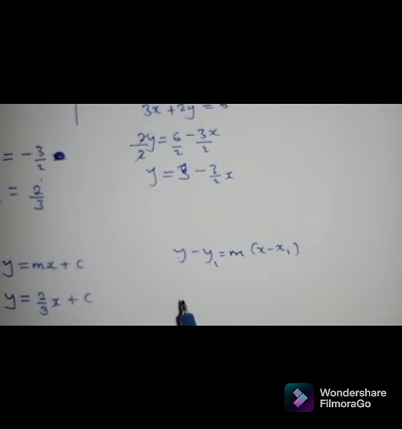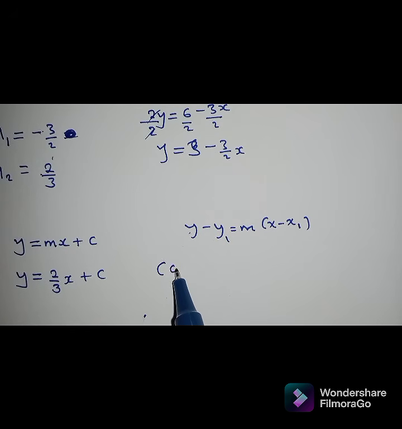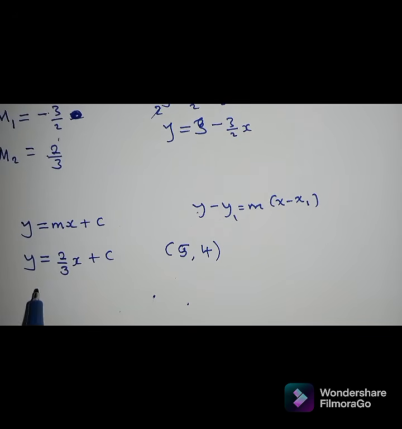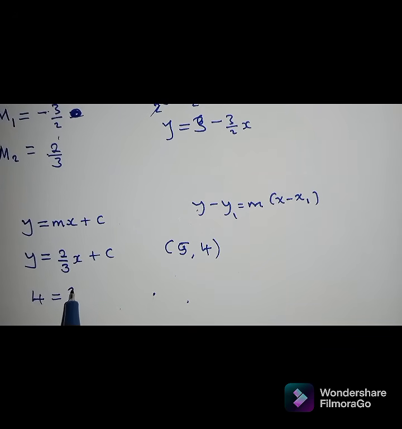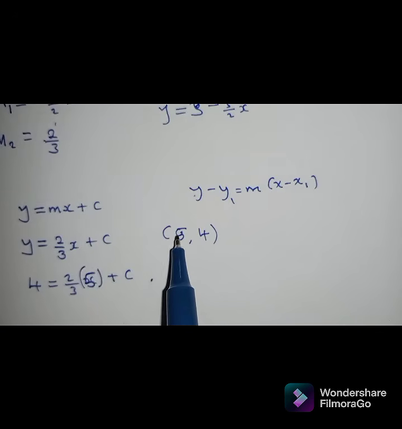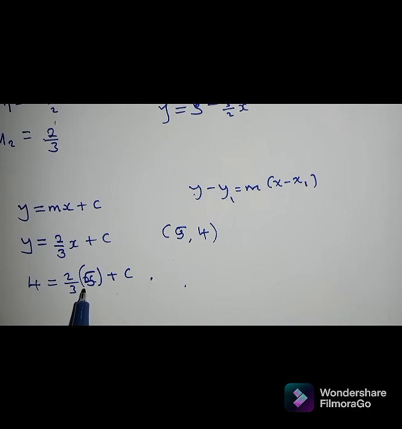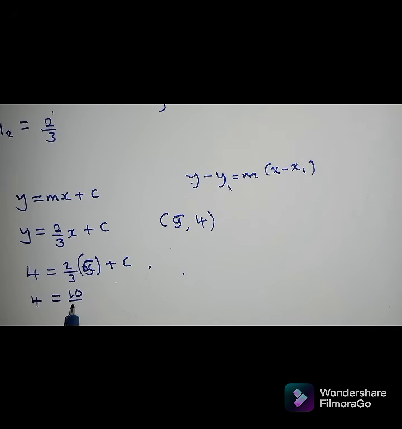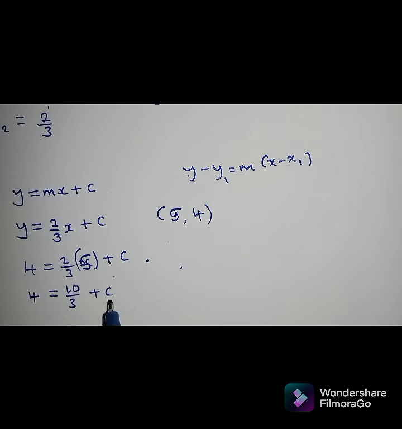Let me write it here. The point is (5, 4), so our x value is 5, y value is 4. So we say 4 is equal to 2 over 3 times 5 plus c. Now we can solve. This is 4 is equal to 10 over 3 plus c.